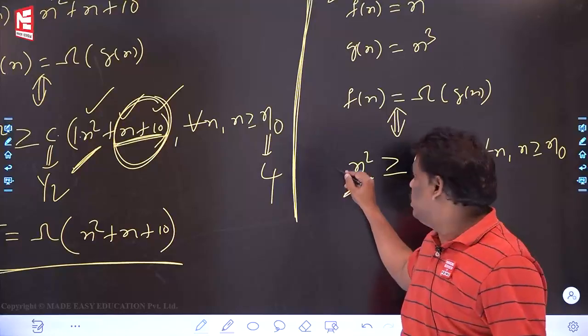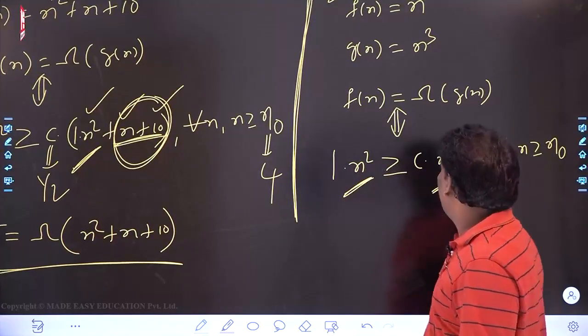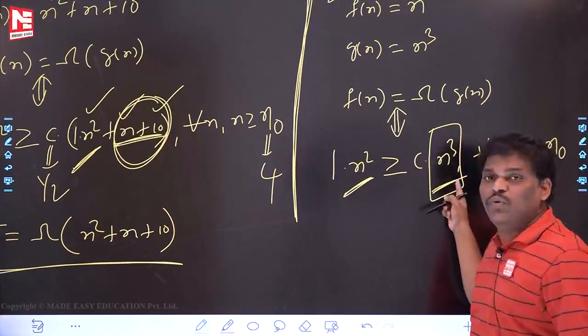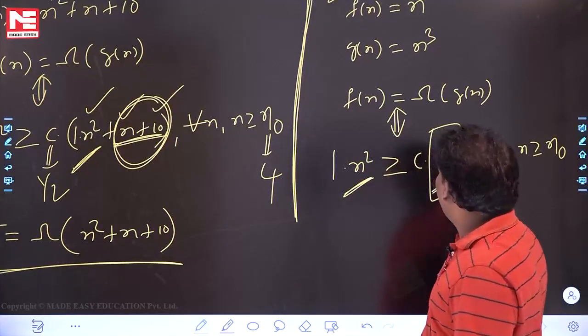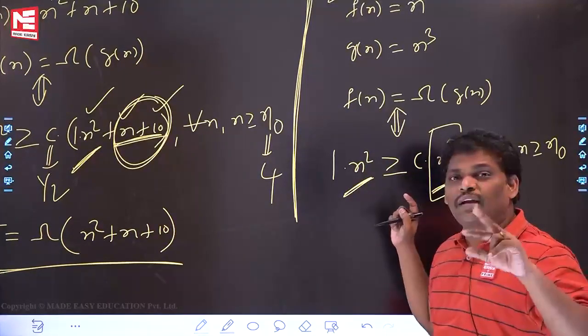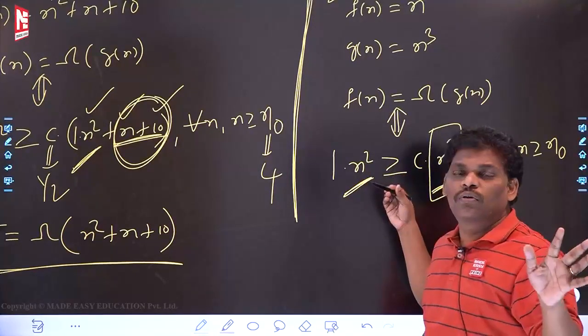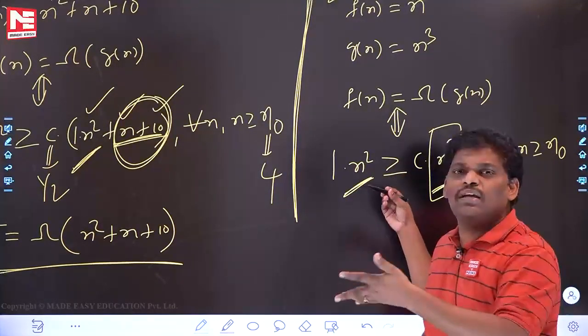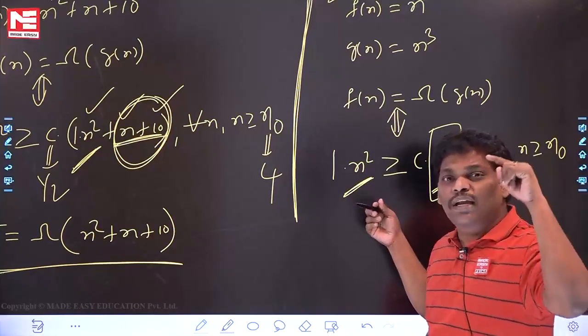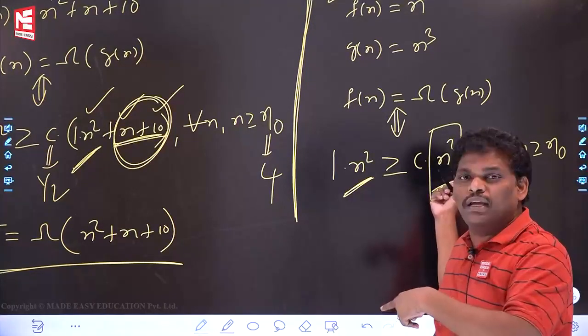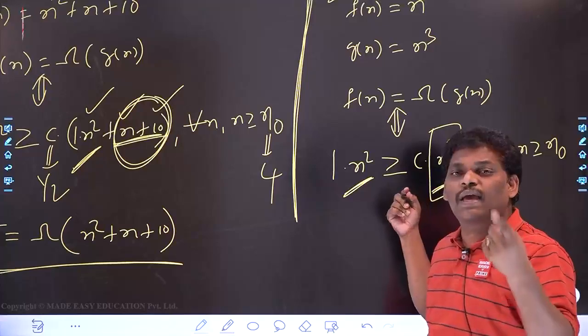But on the left, it is 1 into n square, while on the right it is n into n square. To be frank, right is bigger. But I want to make left bigger. How? Now some people are asking, take the C and try. I want to make left bigger, but unfortunately right is bigger here, so I want to make left bigger with the help of C.